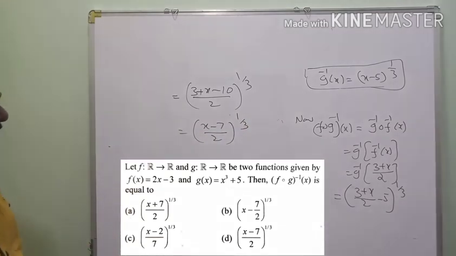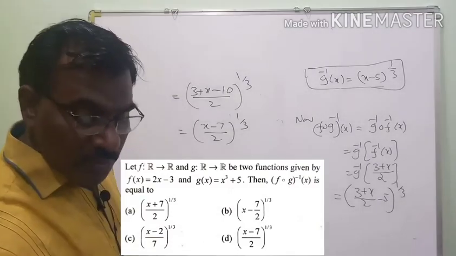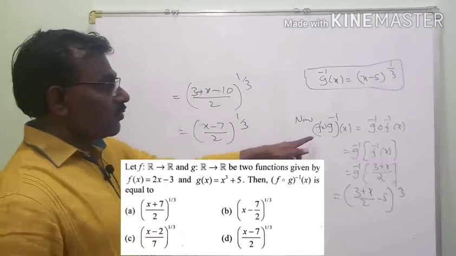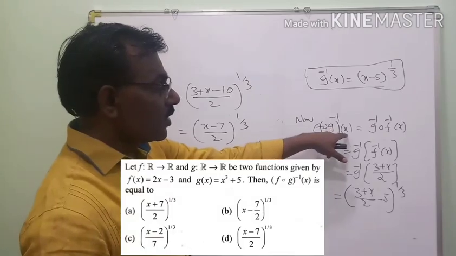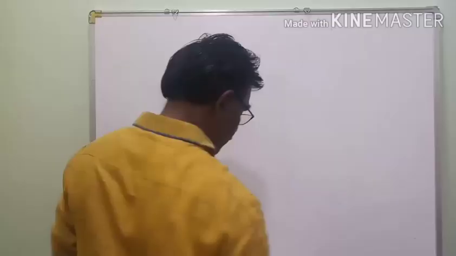So option 4 is correct. Option 4 is very simple: (F composition G) inverse of X is G inverse composition F inverse of X.